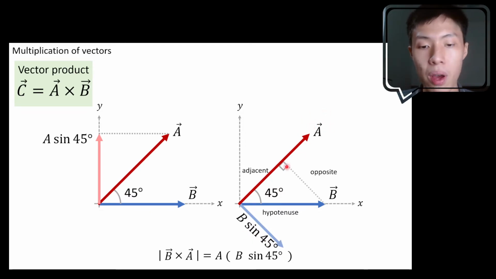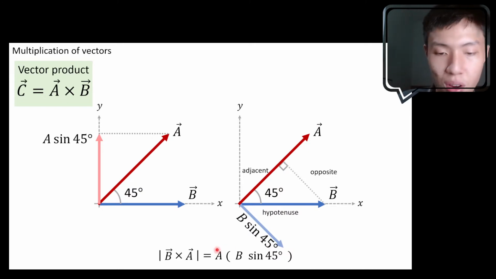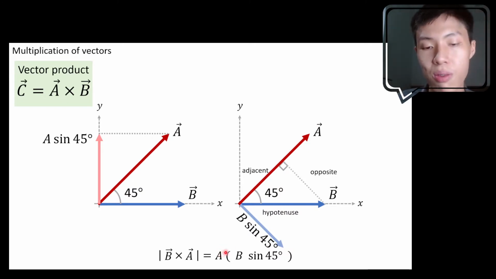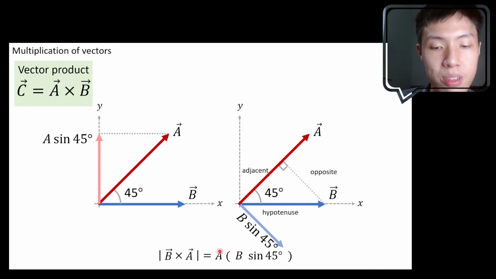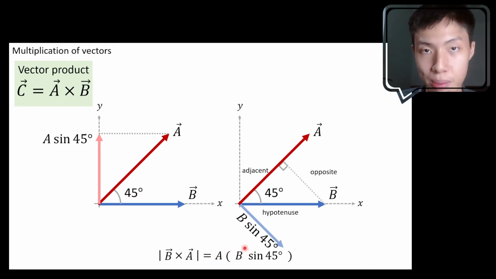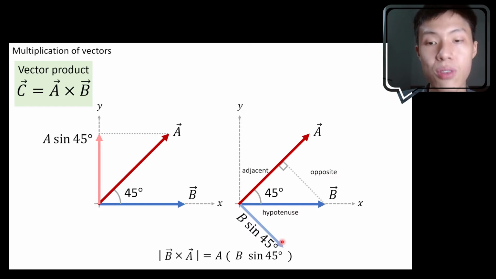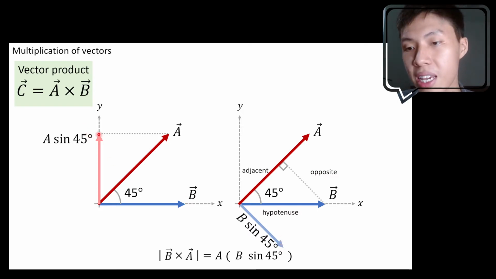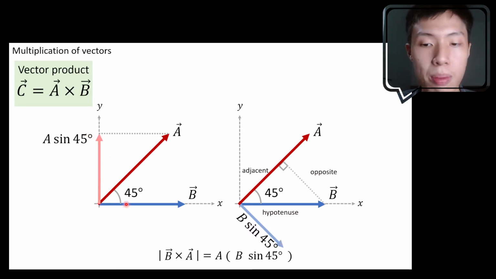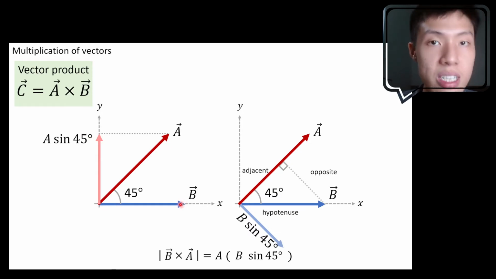Well, your secondary school maths might tell you very firmly that if I flip the position between A and B, I should get the same answer. And yes, indeed, if you take the magnitude of A multiplied by B sine 45 degrees that you get here, you get the same answer as taking A sine 45 degrees multiplied by the magnitude of B. Same answer.